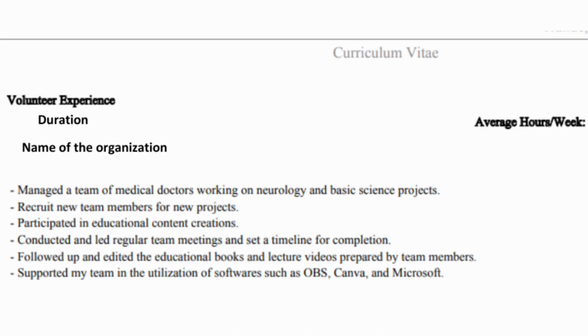The next part of your experience is going to be your volunteer experience. When you mention a volunteer experience, the first one is going to be the duration. As I mentioned here, you have to mention the duration. The other one is the name of the organization. And then lastly, you can mention your role in that certain organization.